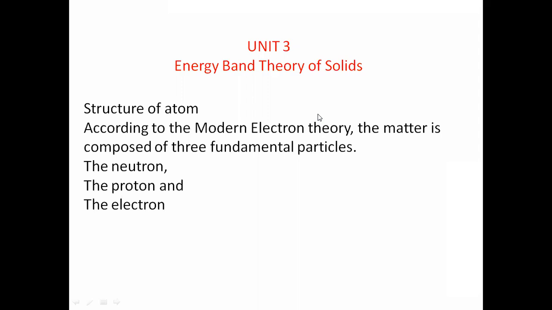Before that, we have to find out what are the construction details of a diode, and what are the different types of materials used for the construction of diodes. For that, we have to understand the energy band theory of solids.